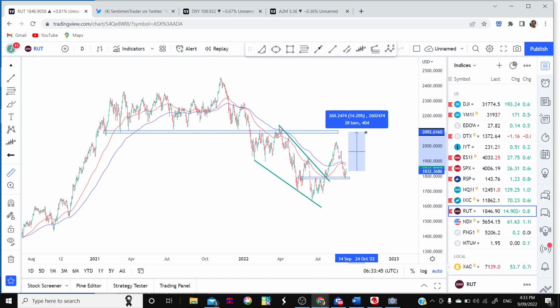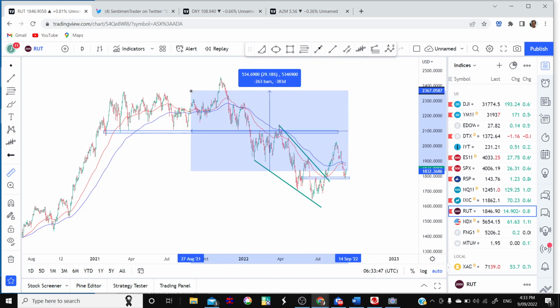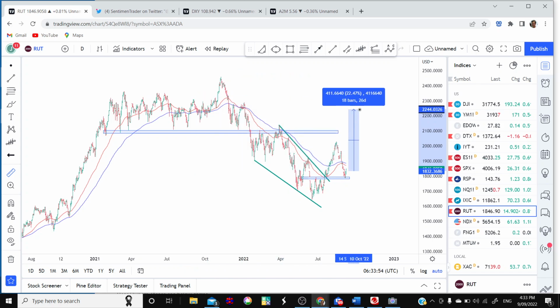If it were to go midway back into this range, which held it for almost a year, I think, then we're looking at maybe a 20% rally. Not predictions, possibilities. Even if the bear market is still in play as we go into 2023, there's still room potentially for a much larger bear market rally or even a new bull market. We need to see how it unfolds, but there's some good upside potential there.